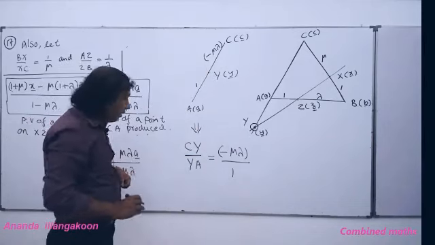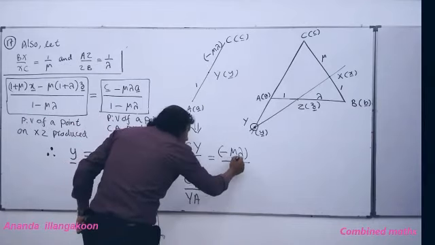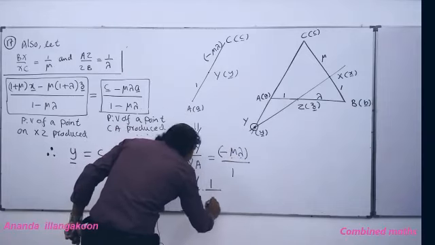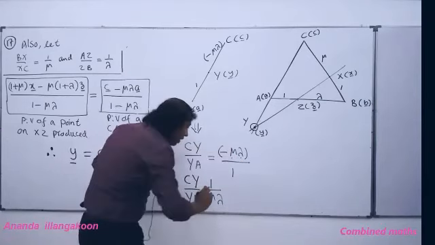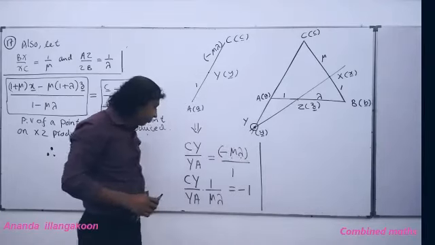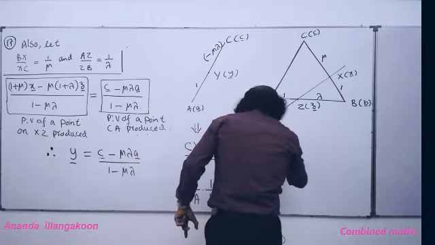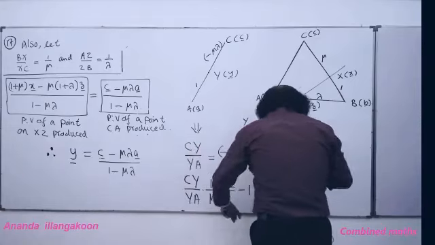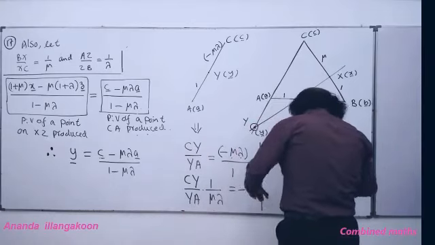Right. Now what I do this way, CY divided by YA, this mu and lambda only I take to the left hand side. That comes to the left hand side denominator as 1 upon mu lambda like this. But we didn't bring this minus sign. There we have therefore minus 1. Right. Now what we do is this. This 1 upon mu lambda I write like this: CY divided by YA into 1 upon mu into 1 upon lambda equals minus 1.